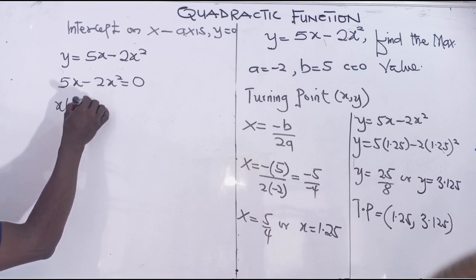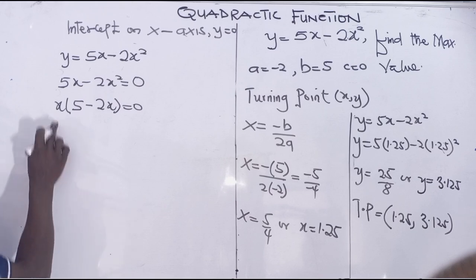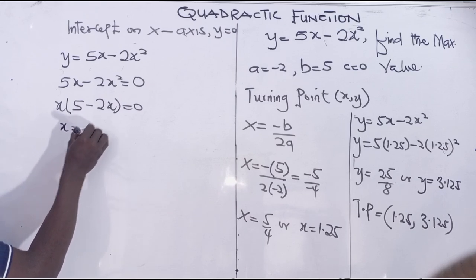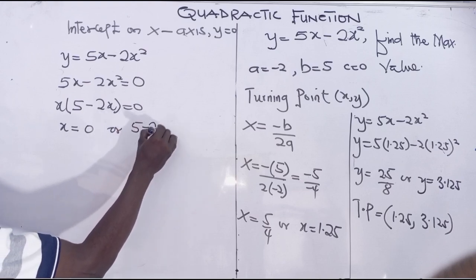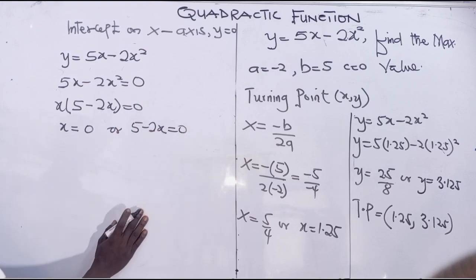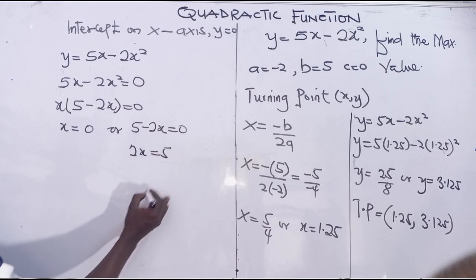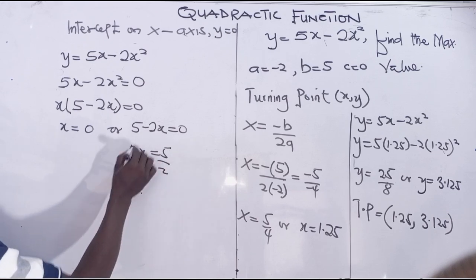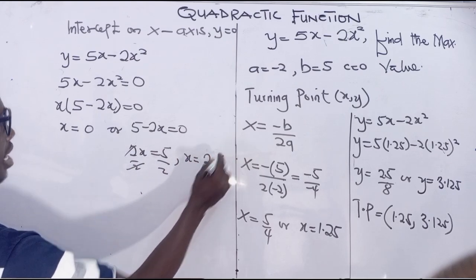We are left with x times 5 minus 2x, and that is equal to 0. So you can say that our x is equal to 0, or 5 minus 2x is equal to 0. So we have 2x is equal to 5, so our x is equal to 2.5.